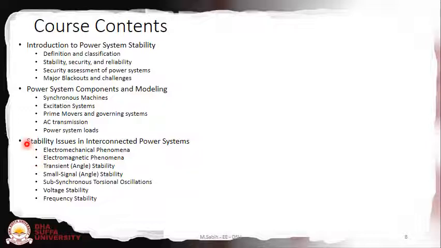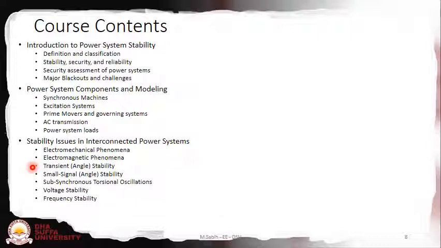And the third part is the core, in which we actually focus on the stability issues of the interconnected power systems. And basically there are two main phenomena that we are going to focus on. One is categorized as electromechanical phenomena, and the second is electromagnetic phenomena. In power systems there are other wave phenomena as well, but these are the two core phenomena that we are going to focus on in this course.